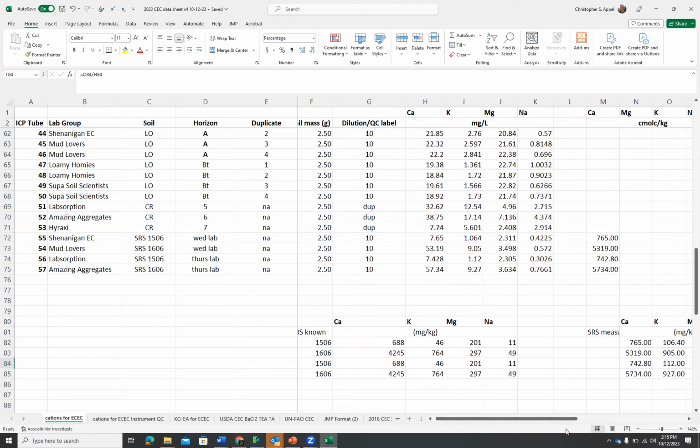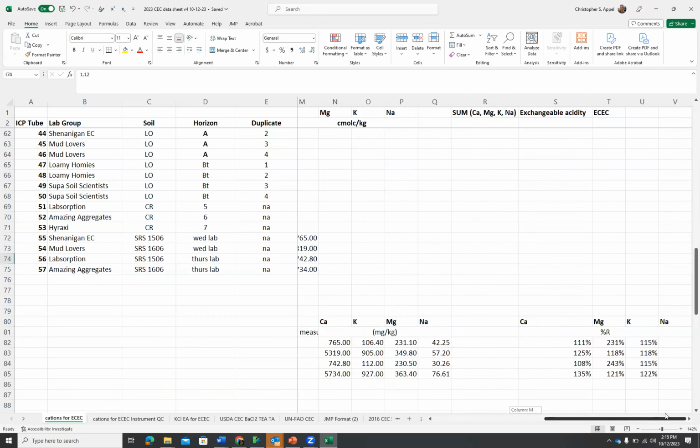Oh, wait. Potassium, no, potassium's good. Then you just report the range again in the table. Percent recovery of SRS.